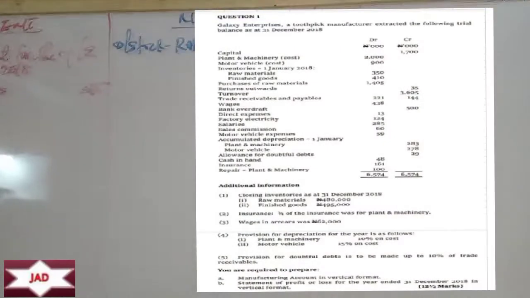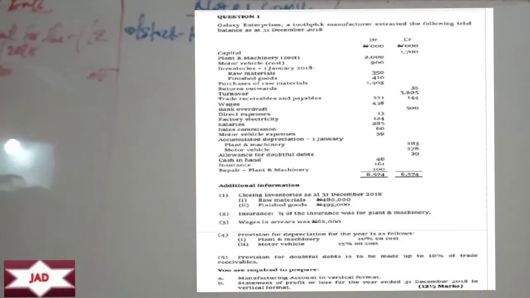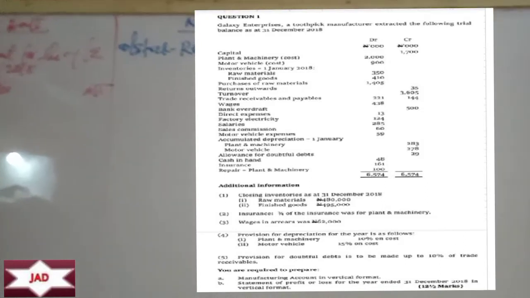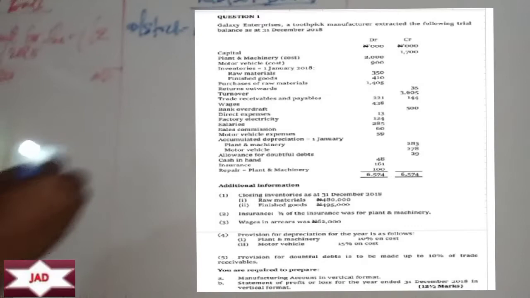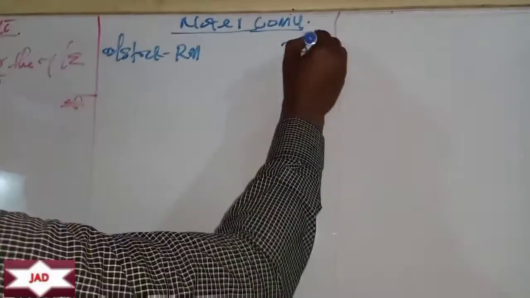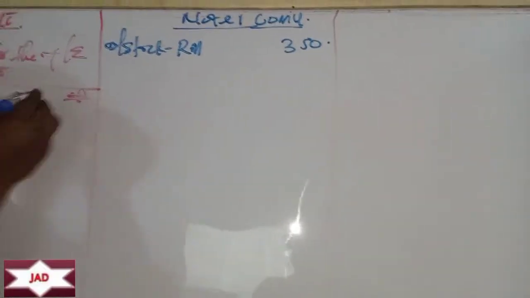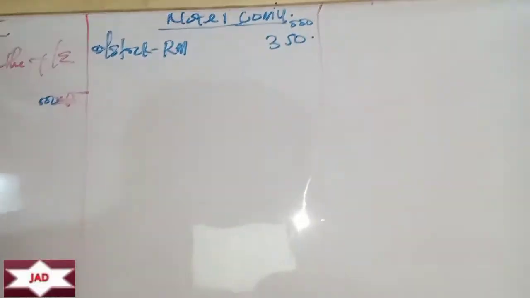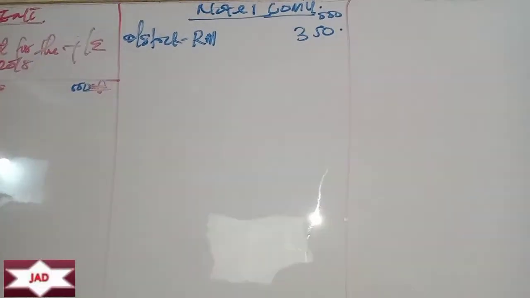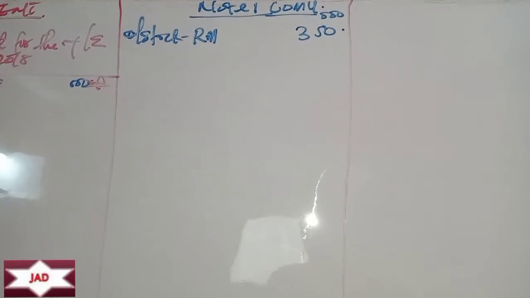From the question, our opening inventory of raw material is 350,000. Let's put the 3 zeros here to make it easy. So we have 350,000.